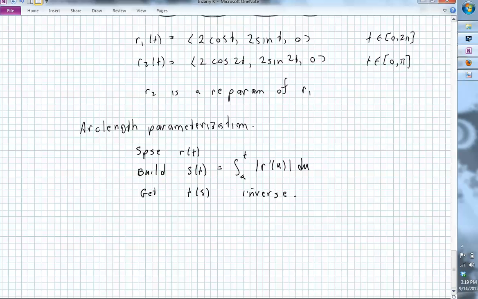And I'm saying all these things like they're easy, and they're not. Get t of s. Then define beta of s to be r of t of s. Beta is the arc length parameterization of r.